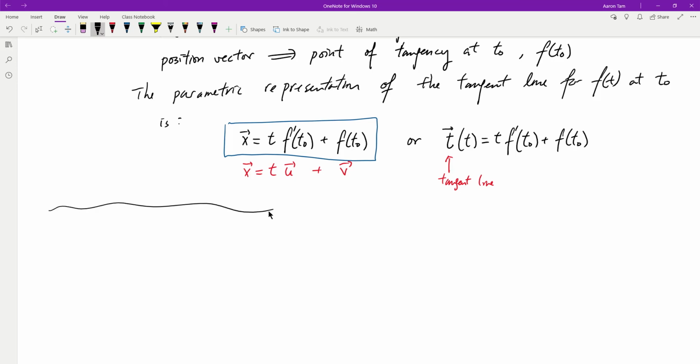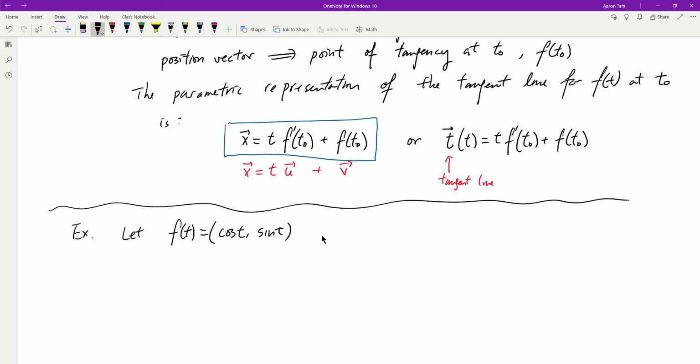All right, so maybe we'll do a very simple example just to illustrate the concept here. Let's say we have this problem right here. Let f of t equal to, let's say, cosine t, sine t for t from 0 to 2 pi.